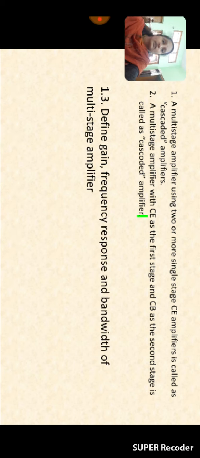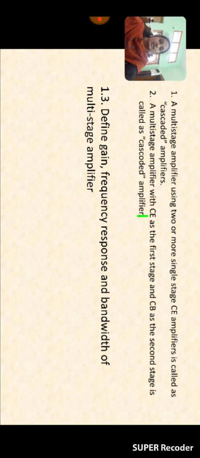Okay, in a multi-stage amplifier we are using two or more single stages. If those are common emitter amplifiers, then that is called a cascaded connection. If in a multi-stage amplifier the first stage is CE and the second stage is CB, then that is called what? Cascaded amplifier.